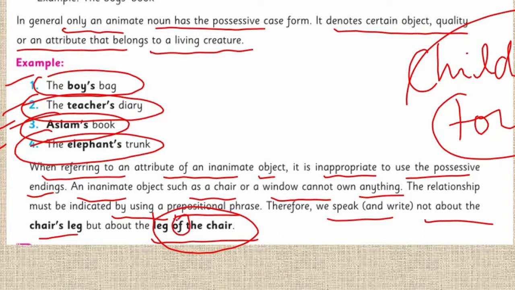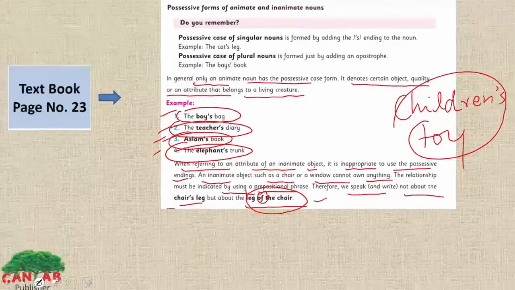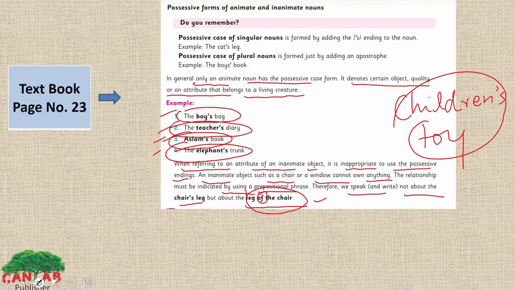How will we show the possession or relationship between two nouns in inanimate objects, because they are not living beings? Non-living things are these. So what will we do? We will not write chair's leg. This is wrong, because here the chair is not an animate noun, not a living being. Here we will simply put the preposition of to show the possession, the ownership of the noun.